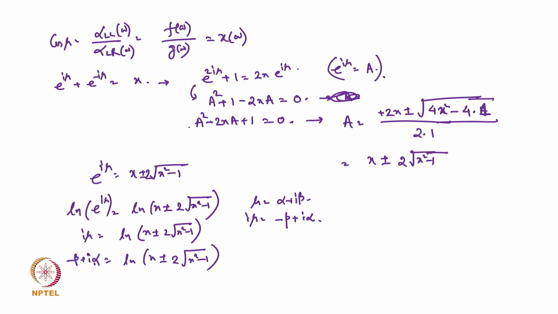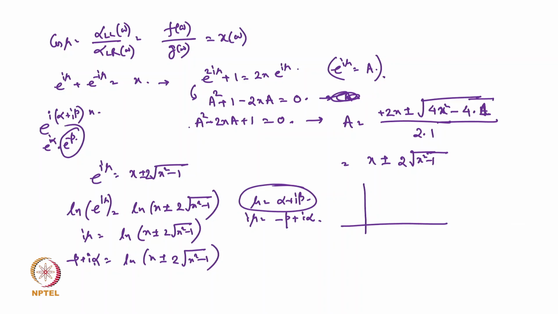And what is alpha here? Once we are assuming this, I hope all of you remember that this is nothing but e to the power of minus alpha plus i beta, in terms of x, and this tells how the wave is getting decayed or attenuated, the correlation between one side and another side. So it becomes e to the power i alpha into e to the power of minus beta.